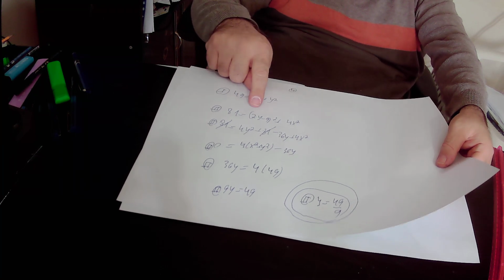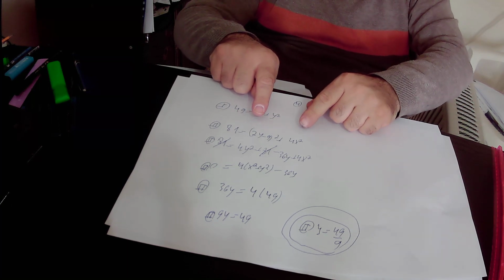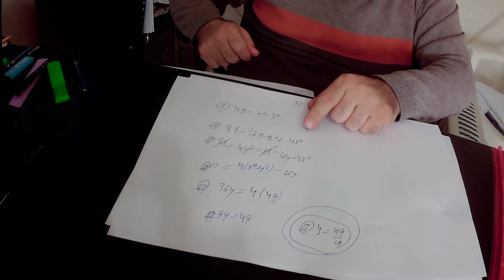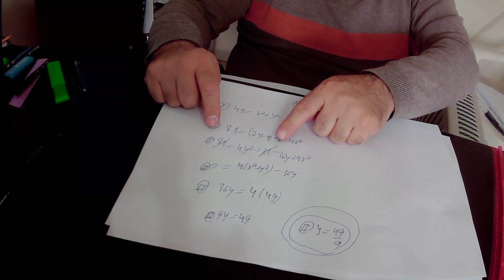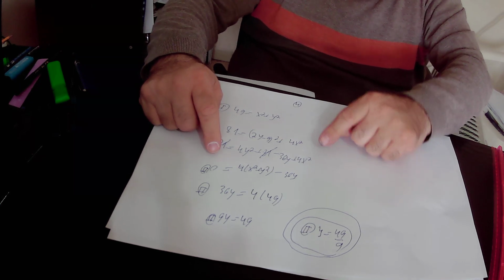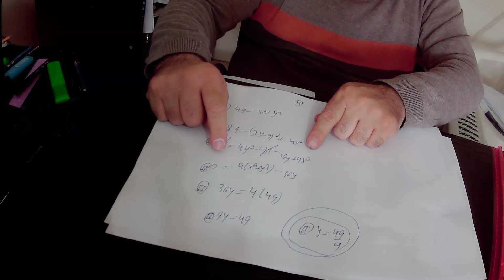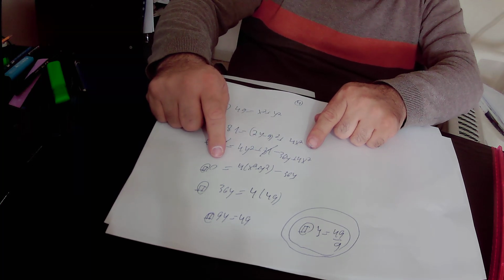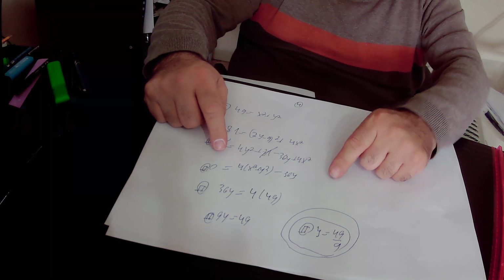We open the brackets on this side of equation number 2, and we got that 81 equals 4y squared plus 81 minus 36y plus 4x squared. We have 81 on both sides of equation number 2, so 81 will get cancelled. And what is left here? We took a common factor of 4 for those two expressions, and we got that 0 equals 4 times (x squared plus y squared) minus 36y.